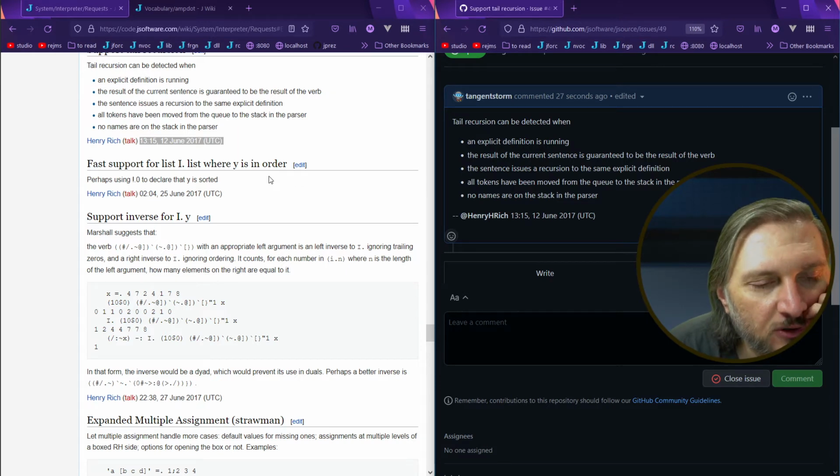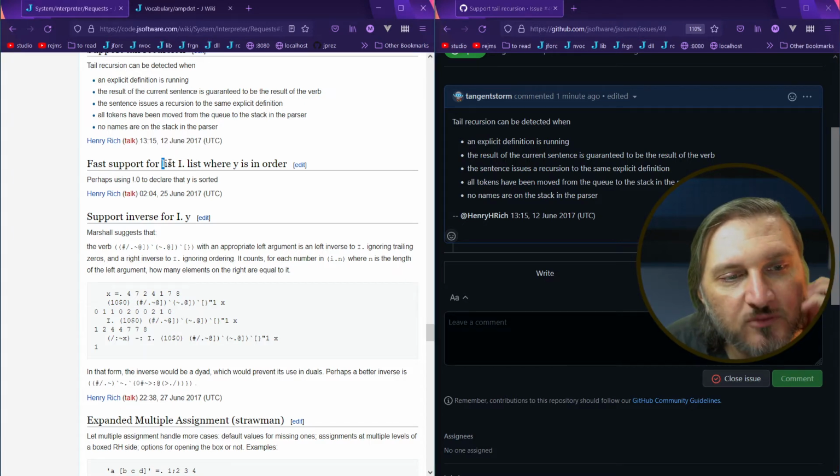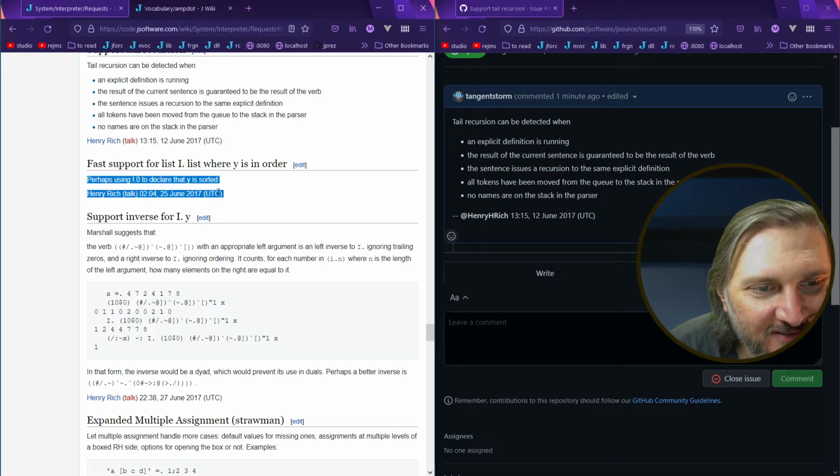Oh, fast support. I know this works because I use this all the time. So I think he's talking about just an optimization for this.